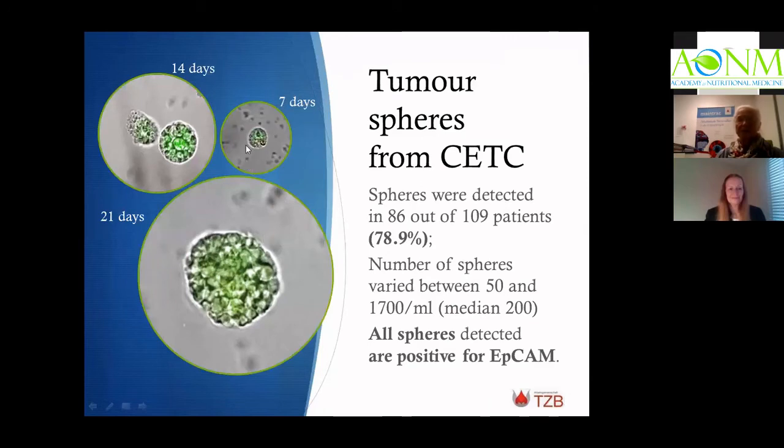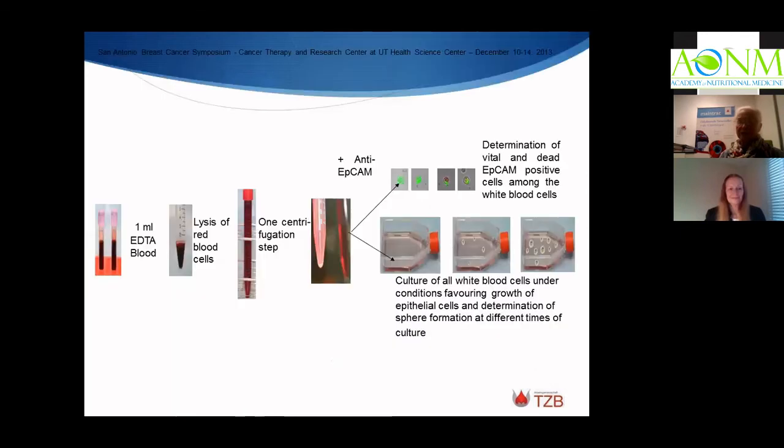It's small spheres, clumped together cells which come from one cell which has been dividing, and these spheres grow over time. Sometimes the mother cell is not positive for EpCAM, but as you can see, the spheres are positive for EpCAM. So they are derived from epithelial cells.